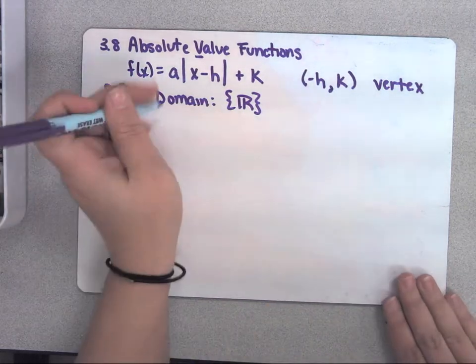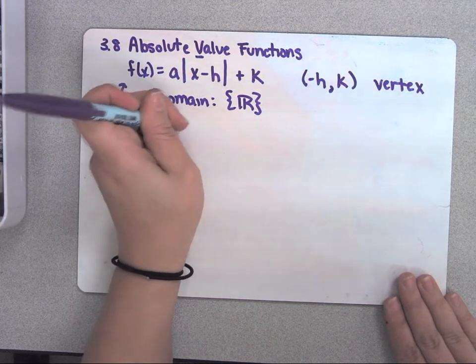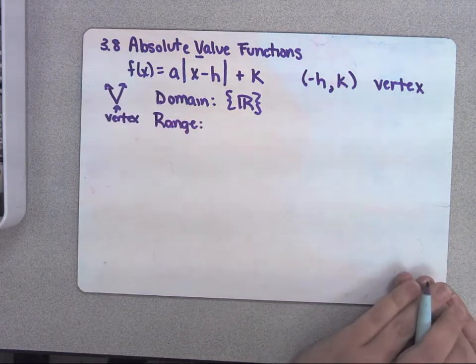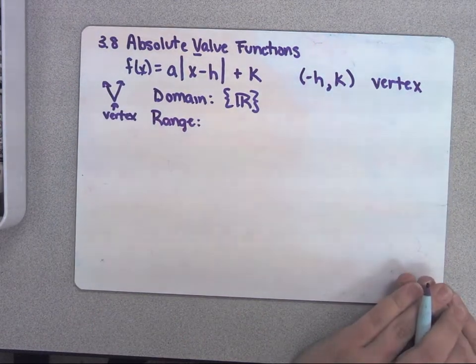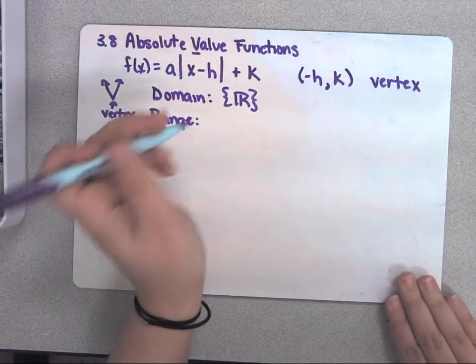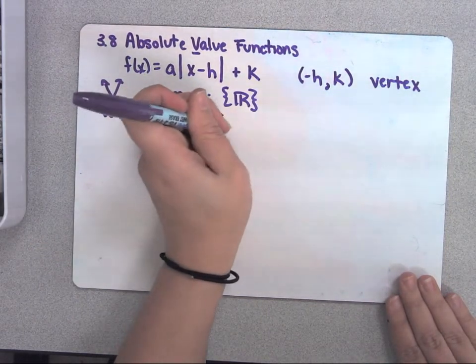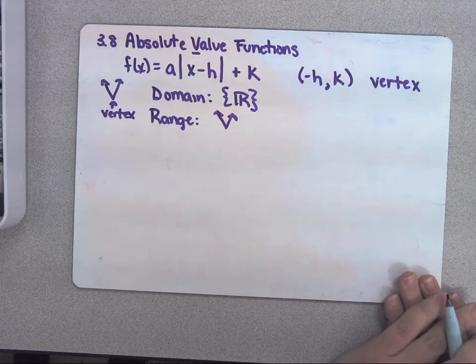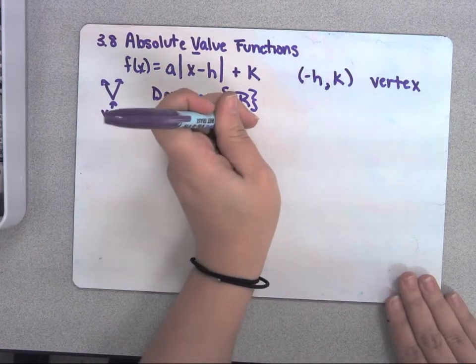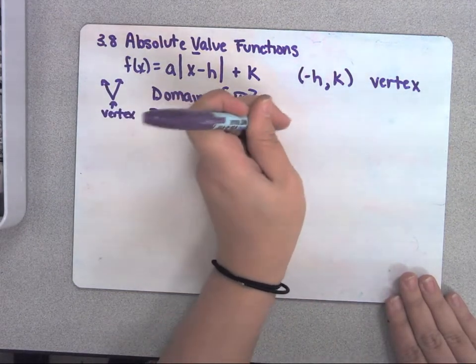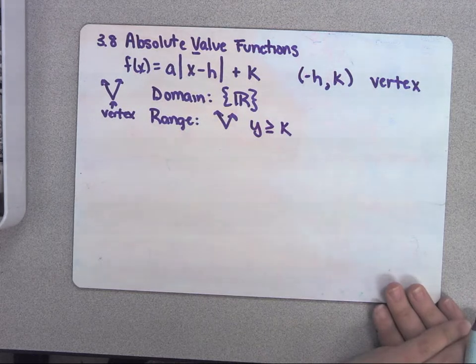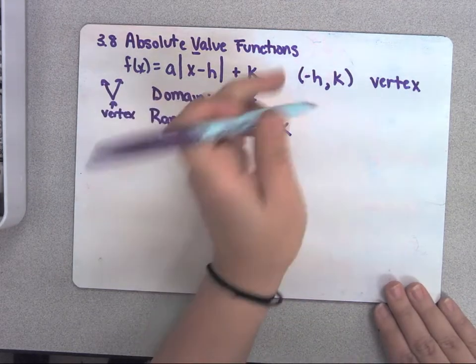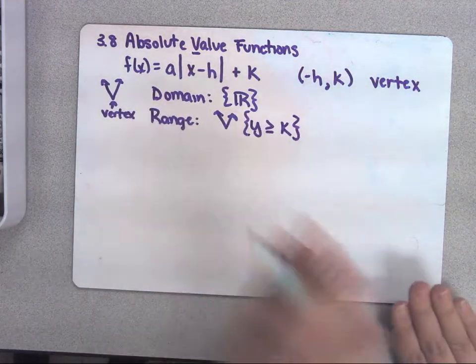And then your range is one of 2 things. If your picture is facing up, it is y is greater than or equal to whatever k is. That would be your range because the picture is above.